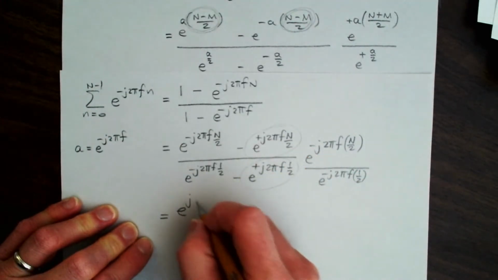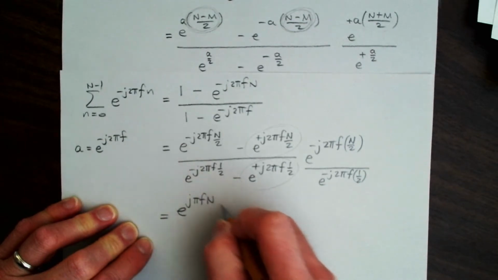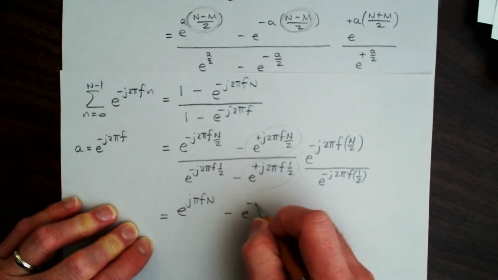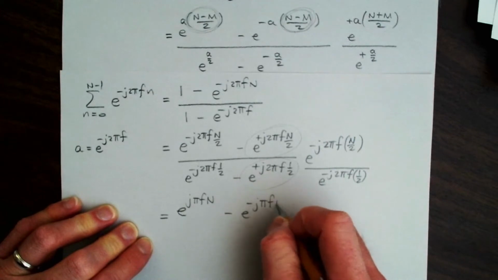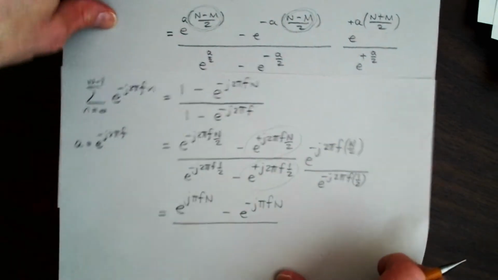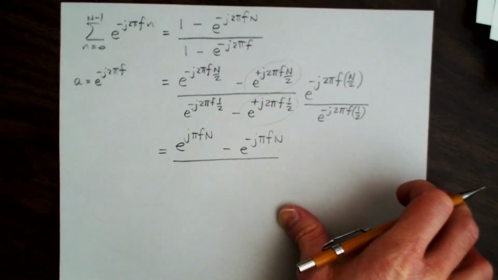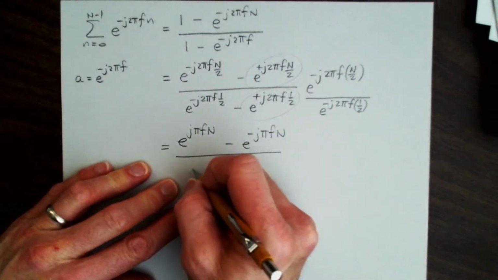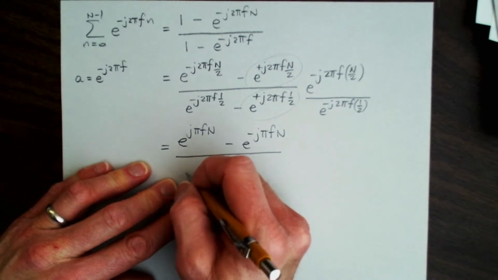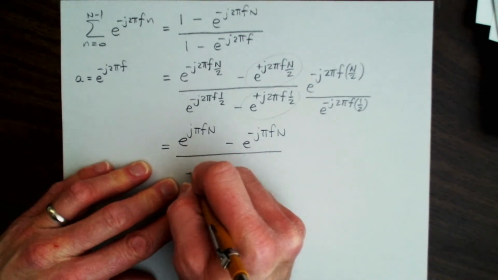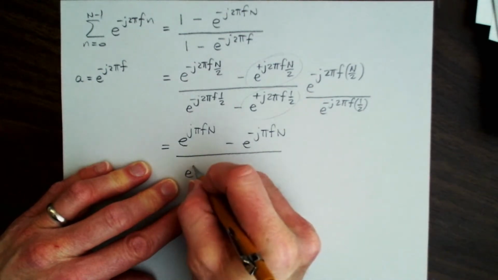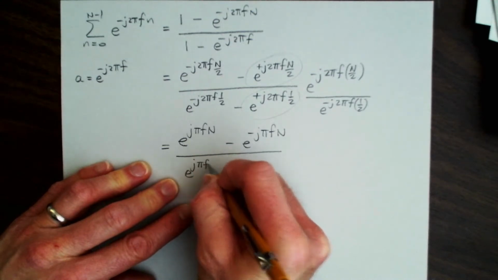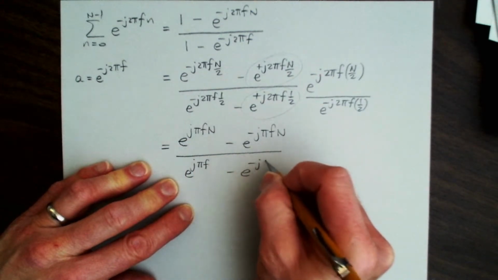The 2's are going to cancel, so I'll have pi fn minus e to the minus j pi fn. And then in the denominator, the same sort of thing happens. I'll have e to the j pi f minus e to the minus j pi f.